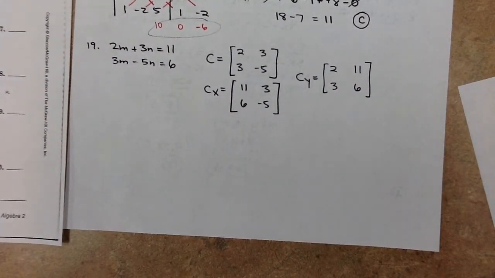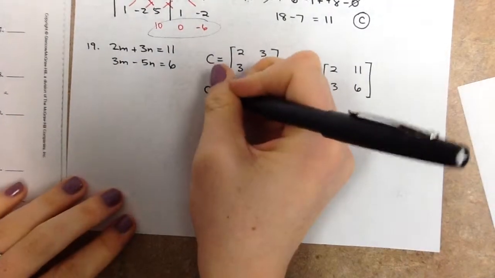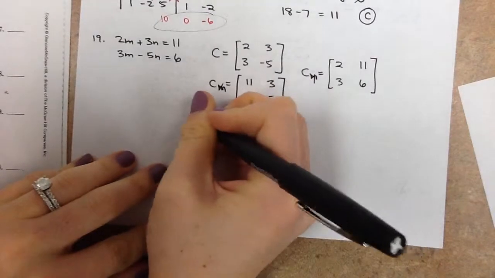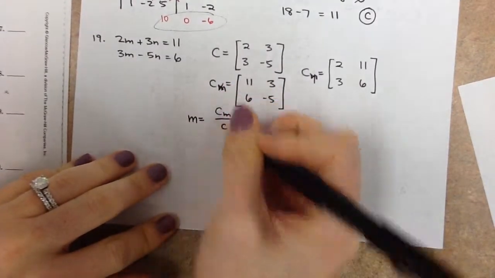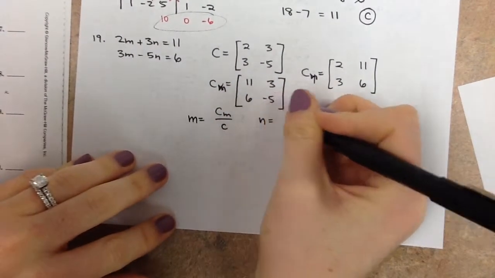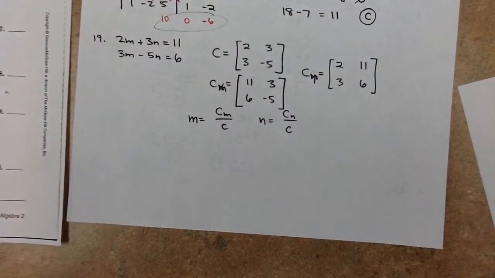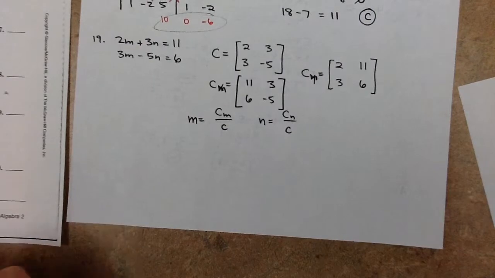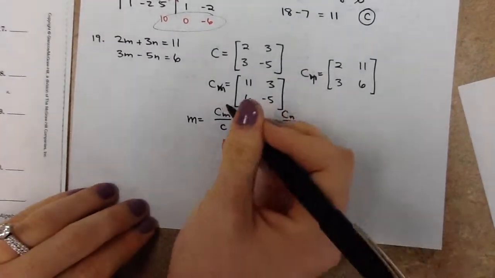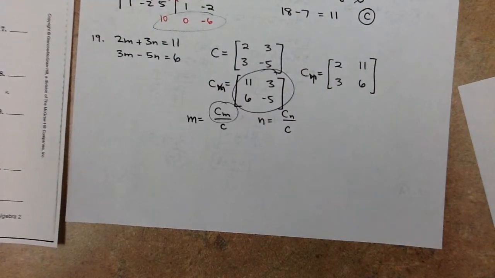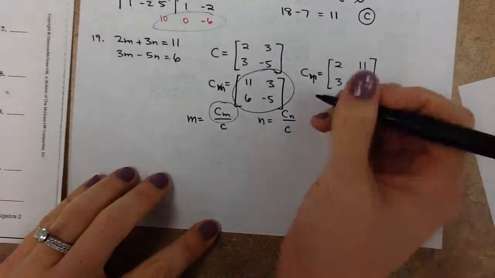Then, to get our actual values, I'm sorry, this should be an m instead of an x, this should be an n. So to get m, we take the value of cm and we divide it by c, and then to get n, we take the value of cn and we divide it by c. So the multiple choice is kind of a strangely worded question, but it says which determinant represents the numerator for m. So that would be this right here, which would be this right here. So that would be letter J.